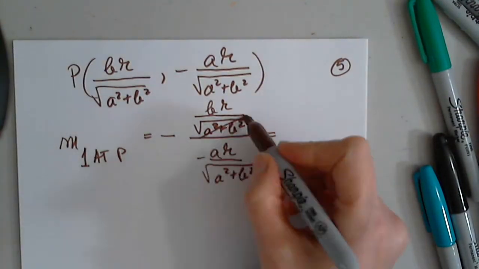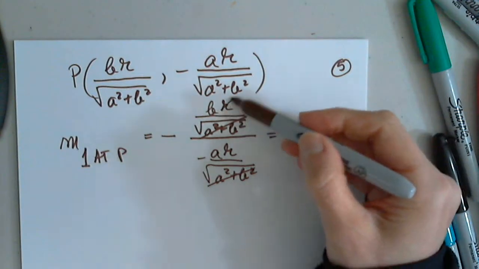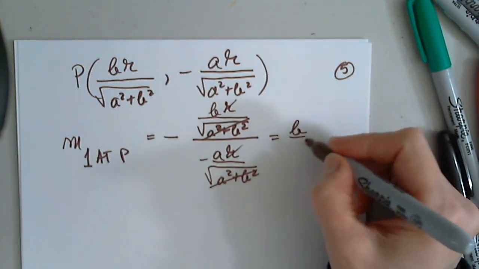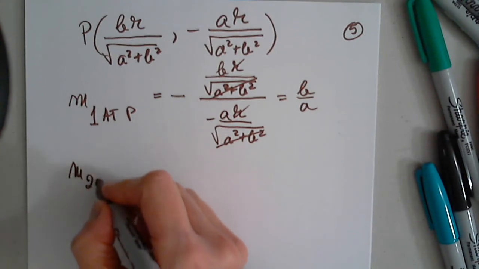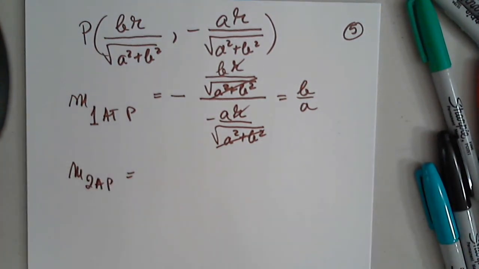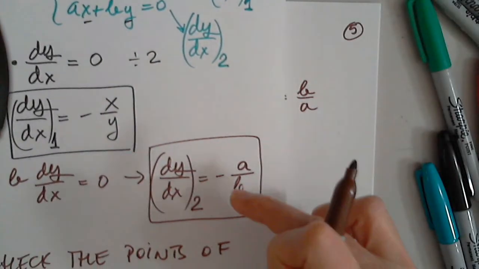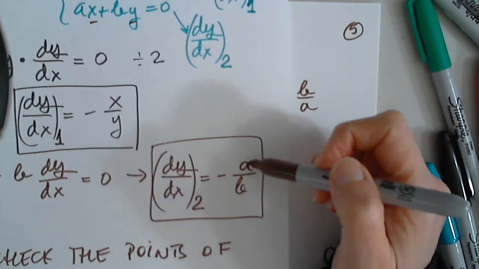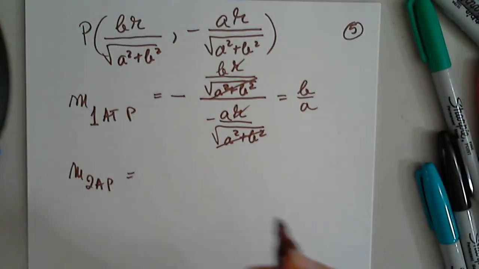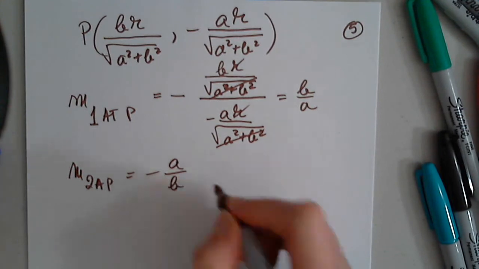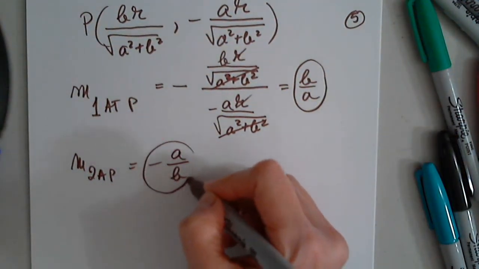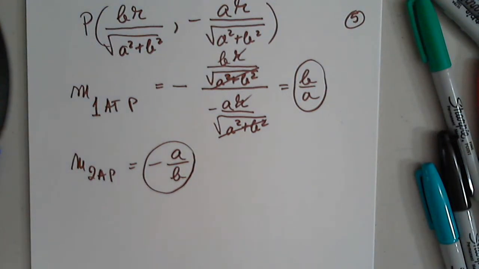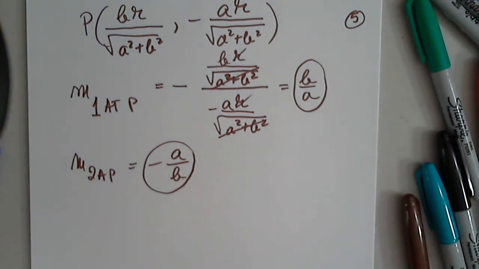Good. So we simplify the R, and we have B over A. We have to look at the slope at P for the second one. And the slope at P for the second one is negative A over B. So I got this for the first one, and I got this, the slope for the second one, at P. What does that mean?